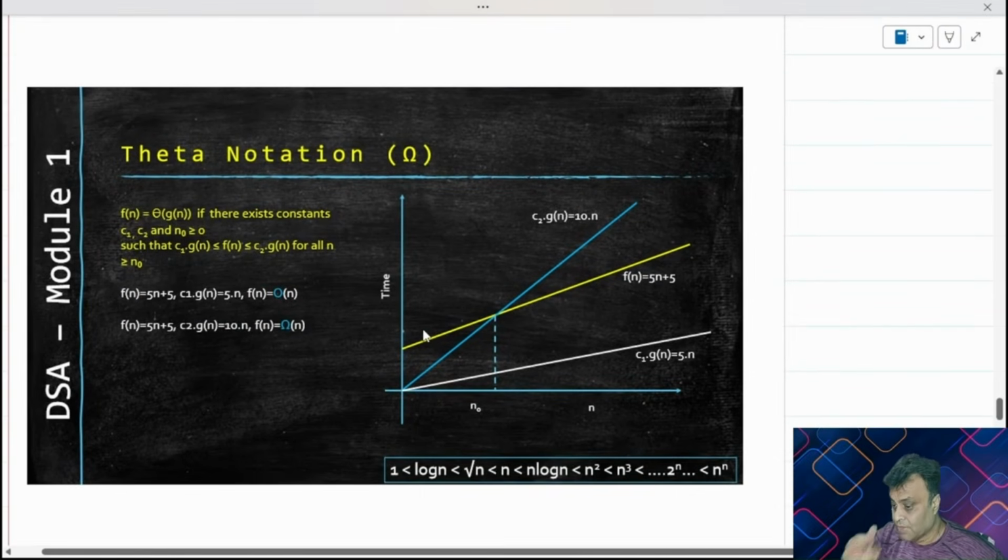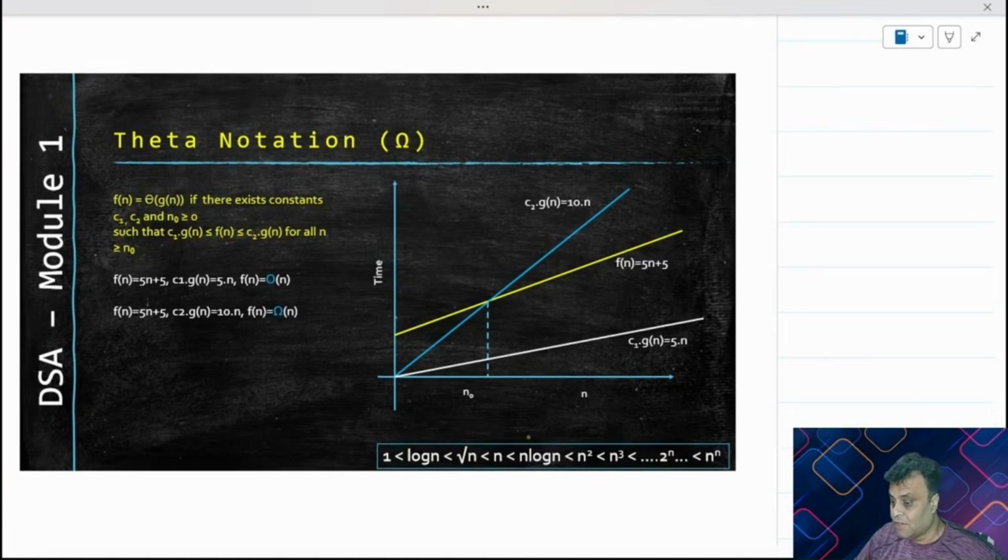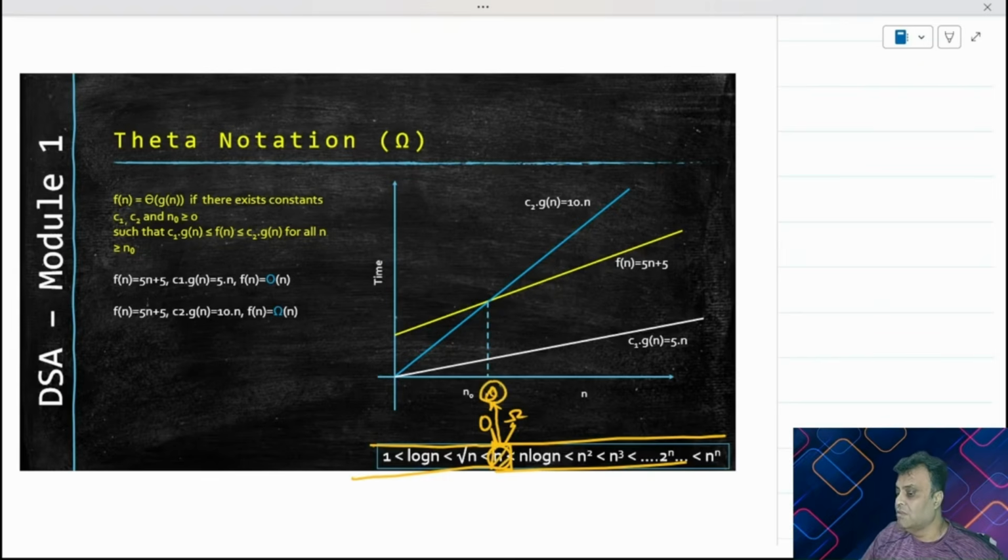If you notice here, we found that this was our big O, this became our omega, and this also became our theta, right? Anything above is the upper bound, anything below is the lower bound. And since both of them have n, theta automatically becomes n, because theta becomes Gn, where Gn is common here. I hope you can understand this fact, right? So that's how we calculate our theta.